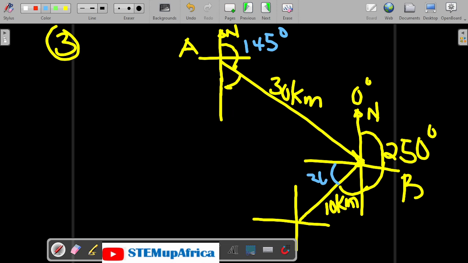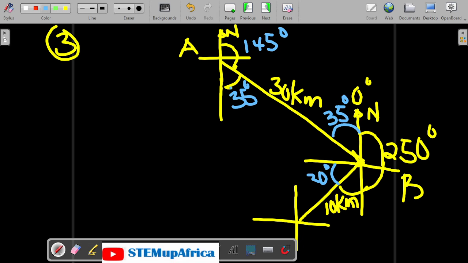The total angle of the third quadrant is 270. Here will be 20. So this angle here, 180 minus 145, we're having what? 35 degrees. Alternate angles are equal, so here is also 35 degrees.